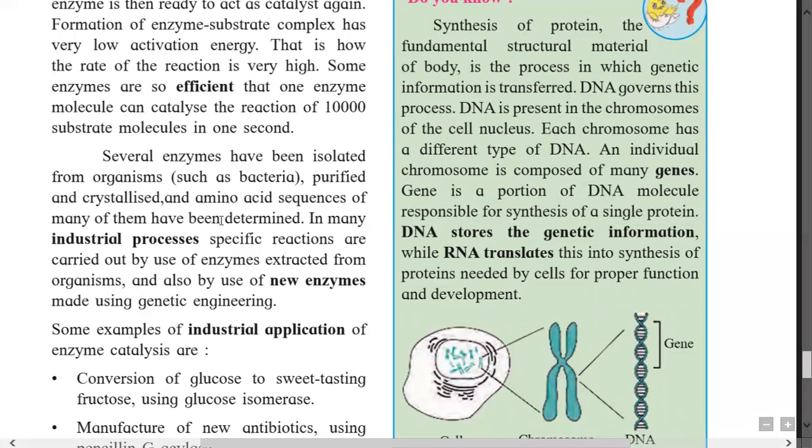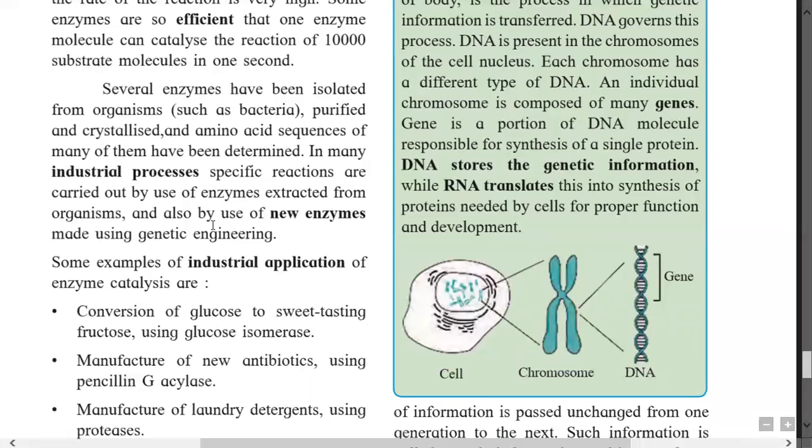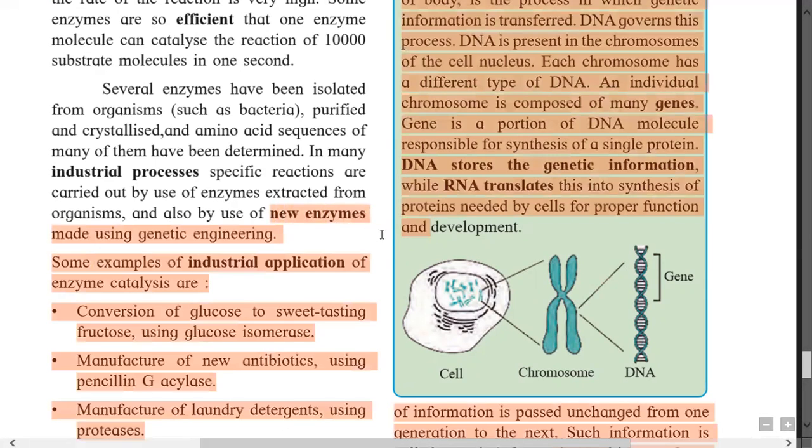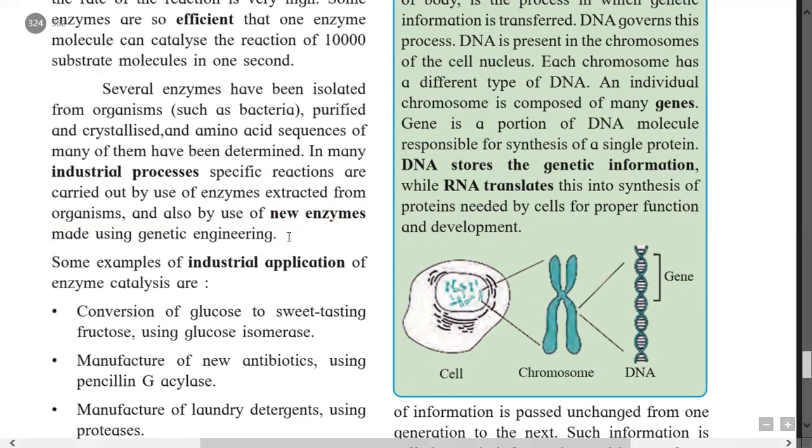In many industrial processes, specific reactions are carried out by the use of enzymes extracted from organisms, and also by the use of new enzymes made using genetic engineering. So this branch is very useful nowadays to develop catalyst enzymes and speed up reactions.